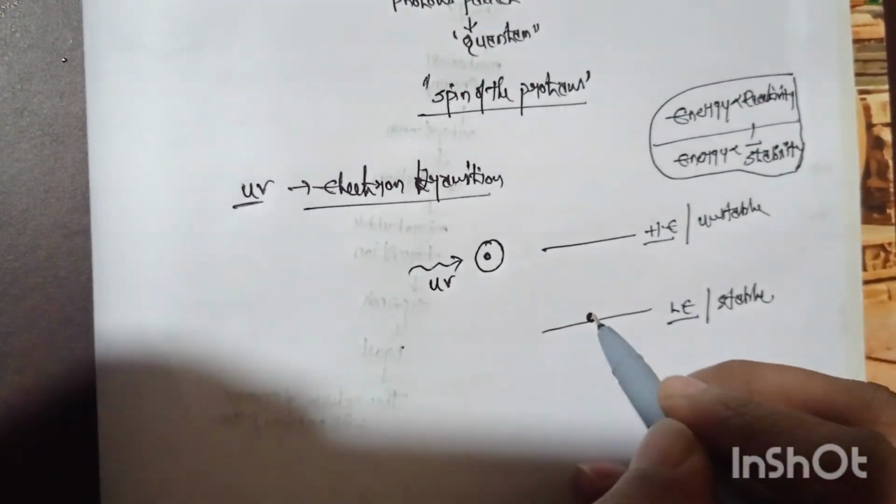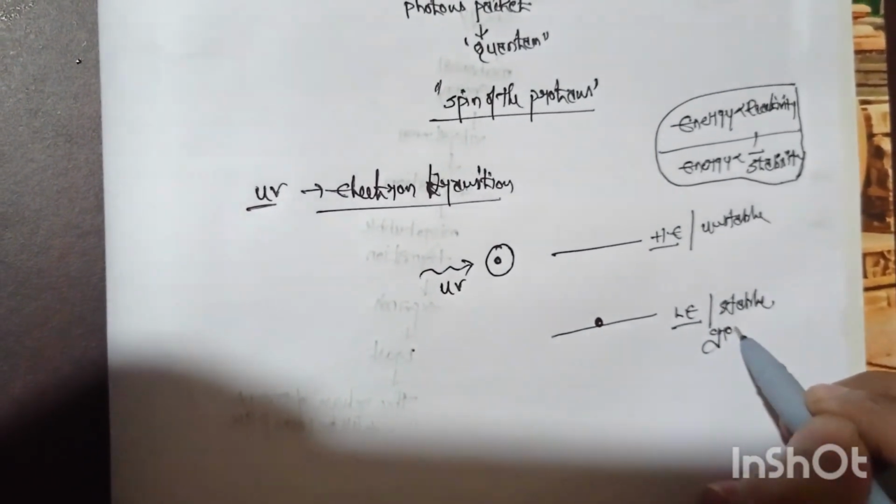If we consider an atom in the ground state, the lower energy level is also known as the ground state level.